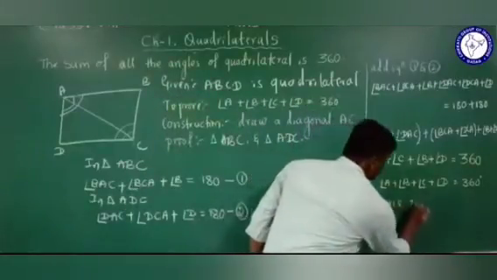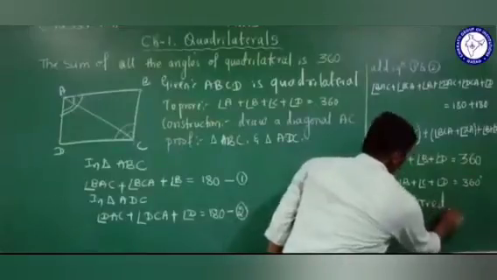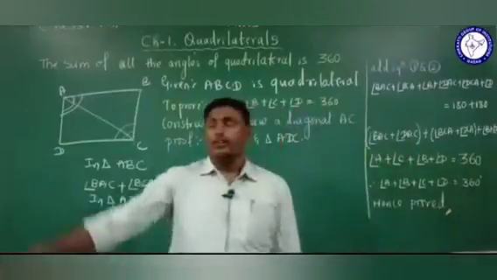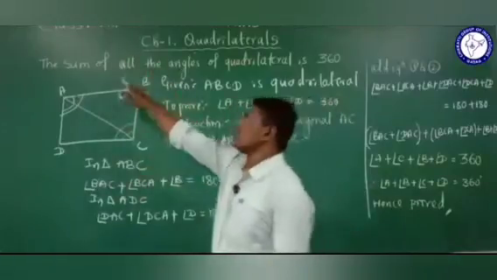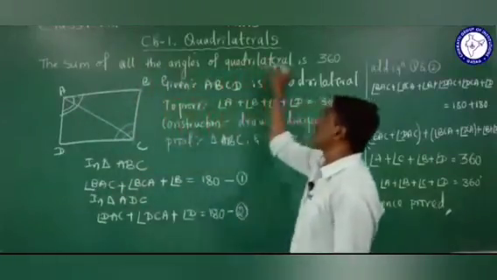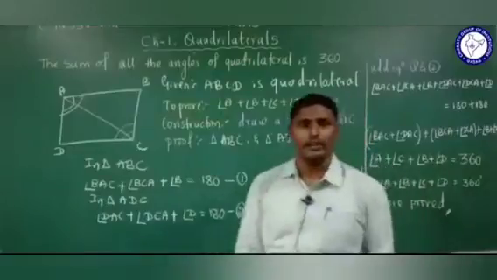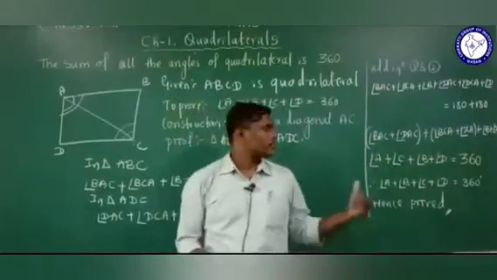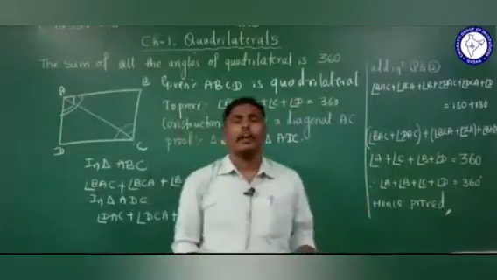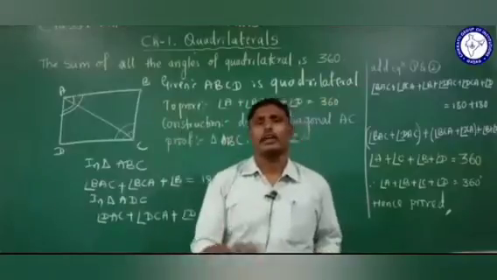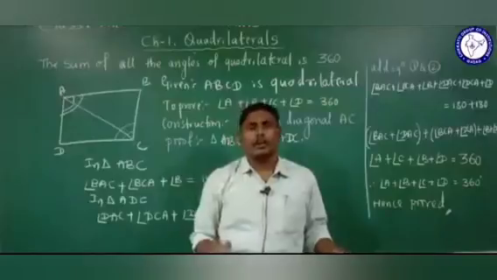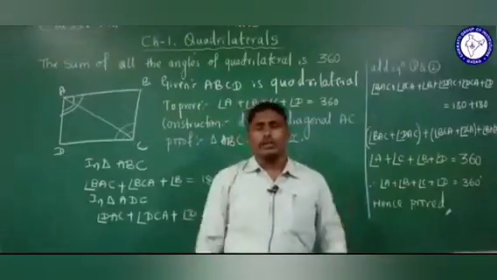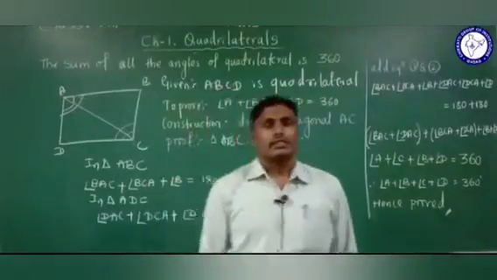Hence we proved. So this is the proof of the given statement. What is that given statement? The sum of all the angles of a quadrilateral is 360 degrees. Okay, clear? So this is all about the interior angles of a quadrilateral. Adding all four angles of the quadrilateral is always equal to 360 degrees.